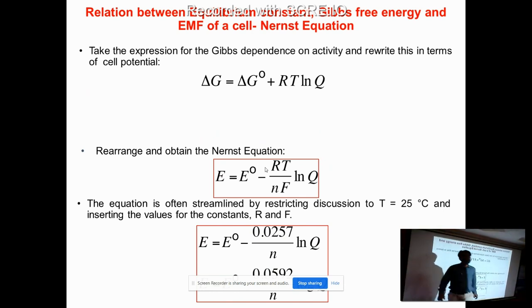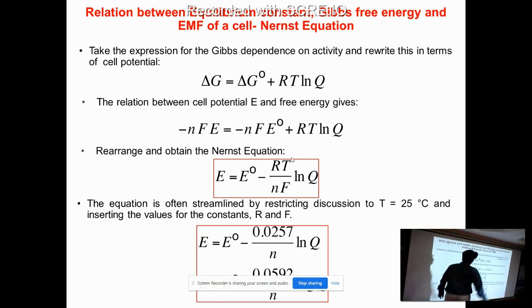Delta G is equal to delta G naught plus RT ln Q. I already know delta G is minus N into F into E, and delta G naught is minus N into F into E naught. If I divide this total equation by N into F, I will get E equal to E naught minus RT by NF into ln Q. This is my Nernst equation.